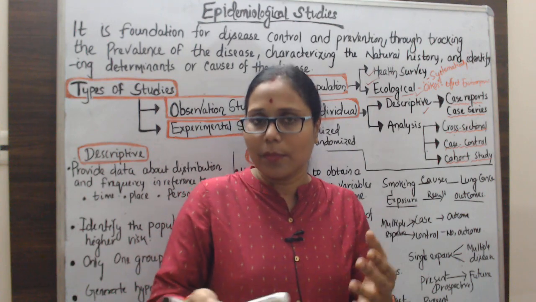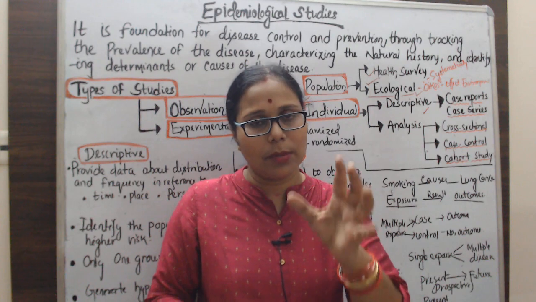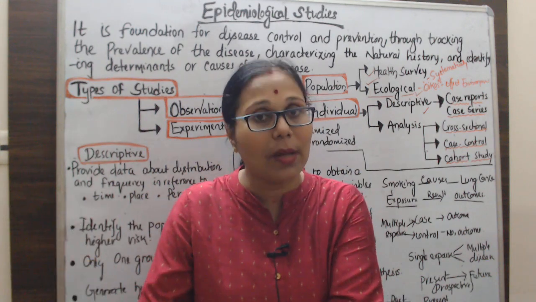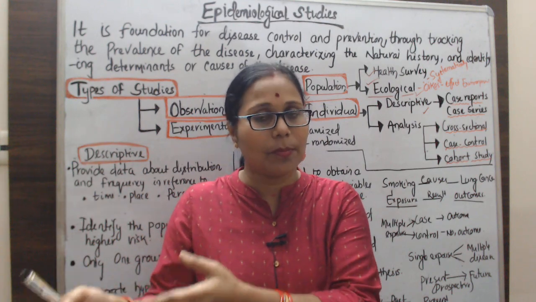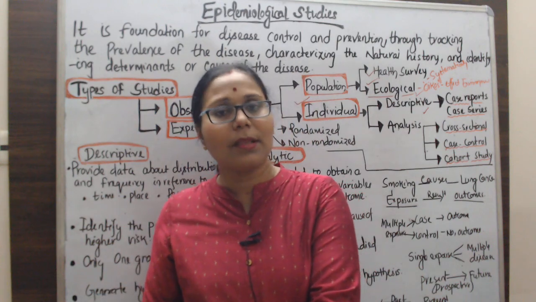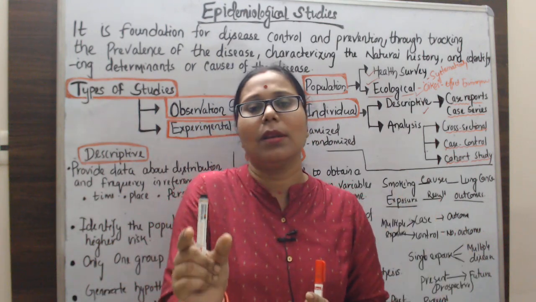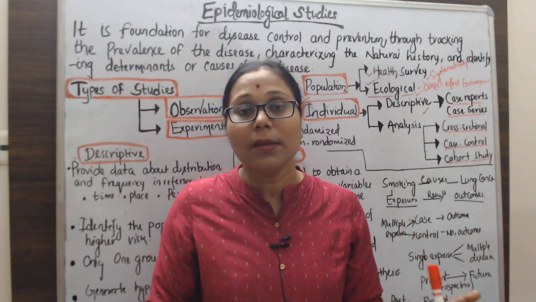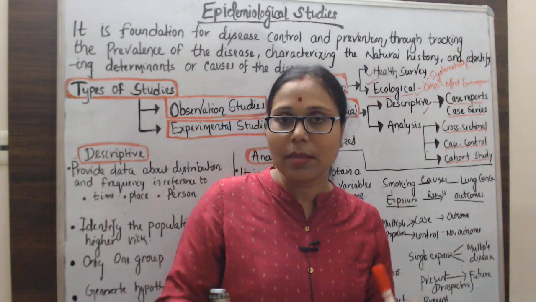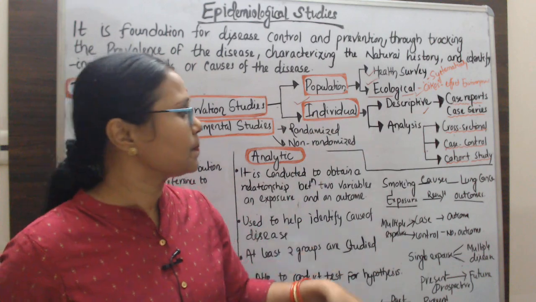So in a unit time, when a few people are found in a disease condition, that is called a cross-sectional study. It is a study for a unit time, or a limited time. It is also one type of descriptive study.